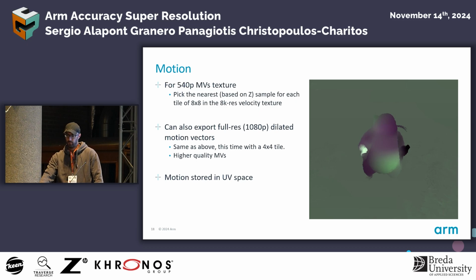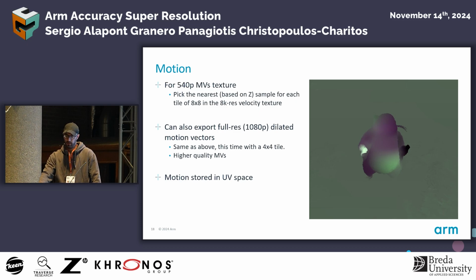We have a slightly different process for motion vectors because motion vectors should be unjittered. We expose two textures of motion vectors, 540p and 1080p. For the 540p, we pick the closest sample based on depth in its 8x8 tile of this original 8K velocity texture.